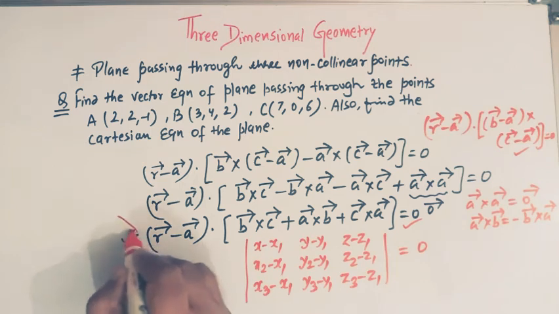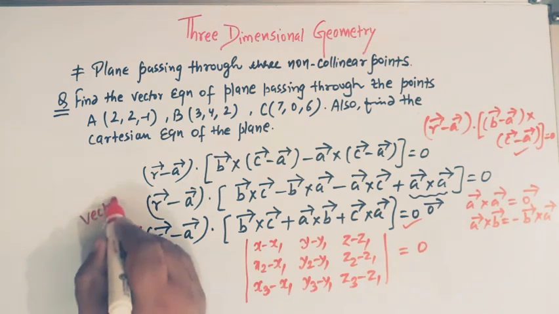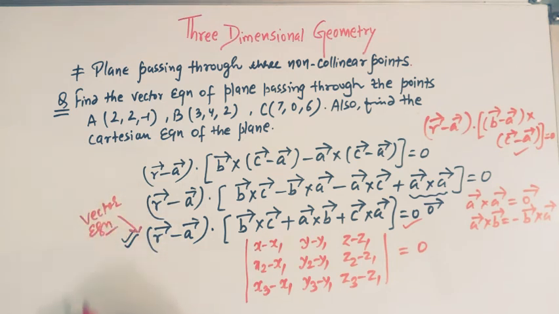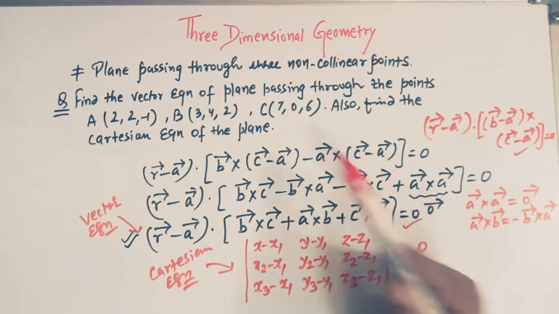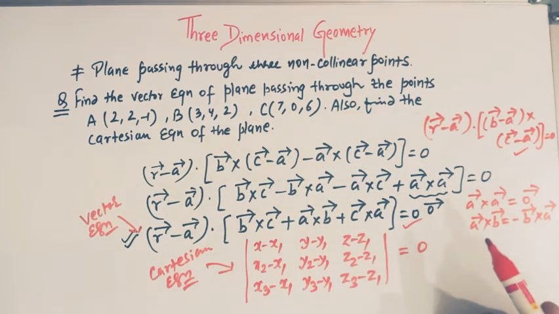So this is the vector equation, and this is the Cartesian equation, right? So this is how we get the vector and Cartesian equation of a plane passing through three non-collinear points, right?